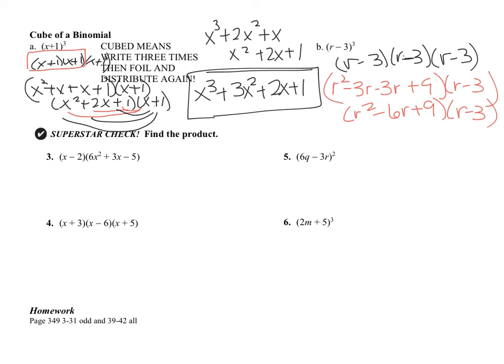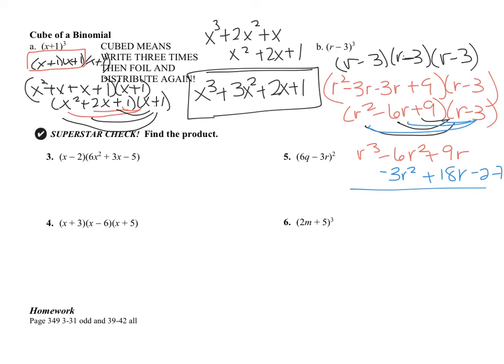Multiply again. Distribute the r. So that would be r to the 3rd minus 6r squared plus 9r. Distribute the negative 3. So that would be negative 3r squared plus 18r minus 27. Combine like terms.